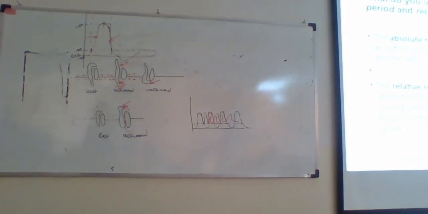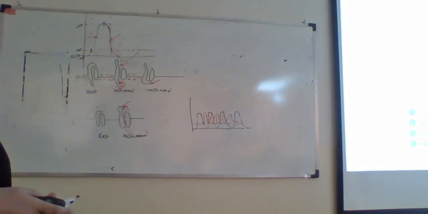Now refractoriness, we have defined that. No need to go through the absolute and relative refractory periods again; through an image, I have explained what the relative and absolute refractory periods are.